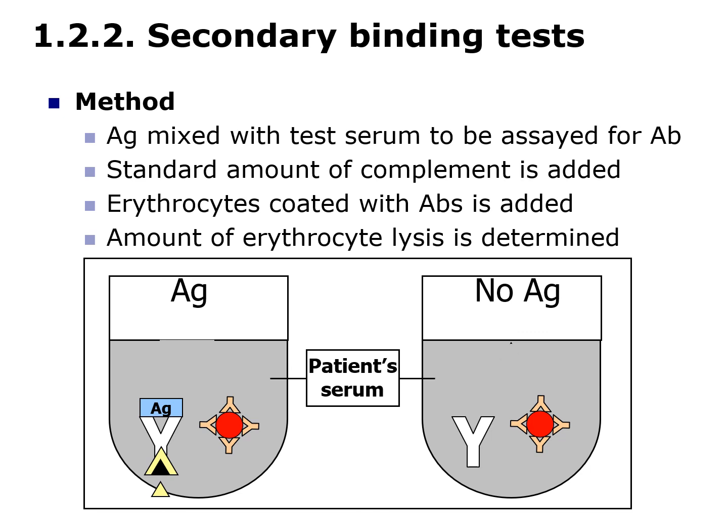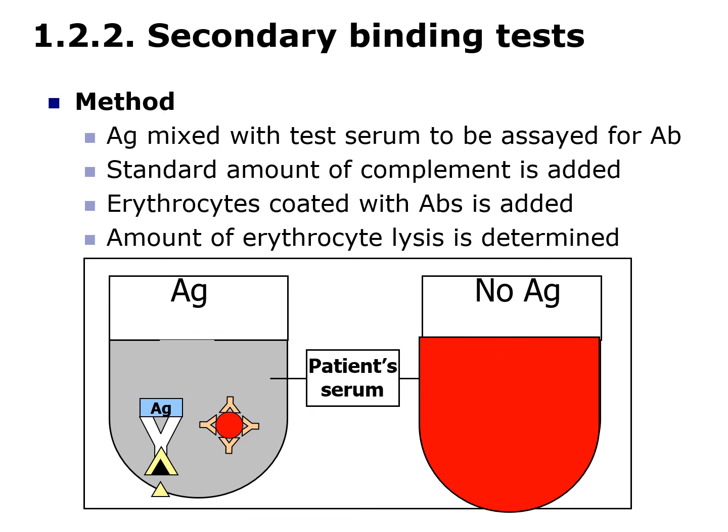So the antigen, when present, will attach to the antibody, and then we add erythrocytes that are coated with antibodies. What will happen? Since the complement is already fixed by the antigen-antibody complex, it can no longer cause any lysis.